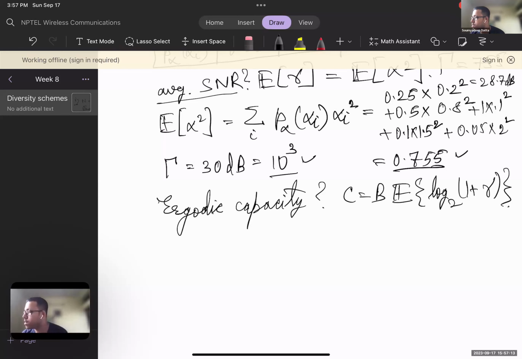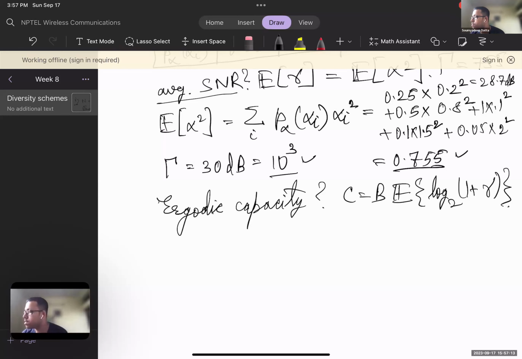So you're taking the expectation of log of 1 plus SNR. So how will you take it? Your gamma is this thing, alpha square gamma, and you have this value of alpha i. So your random variable here is the fading coefficient. So you have to take expectation over your fading coefficient. So just remember that.